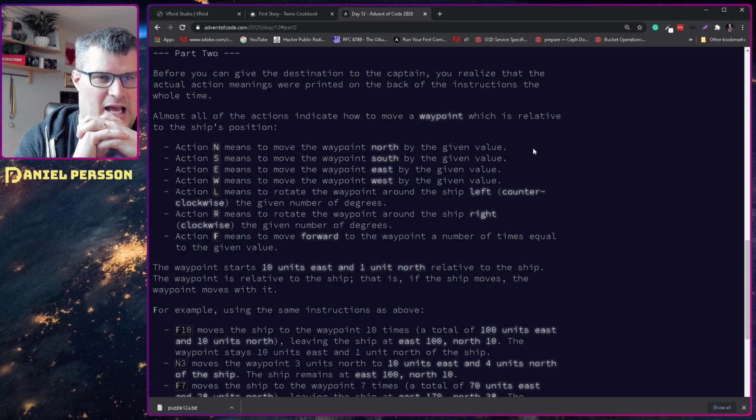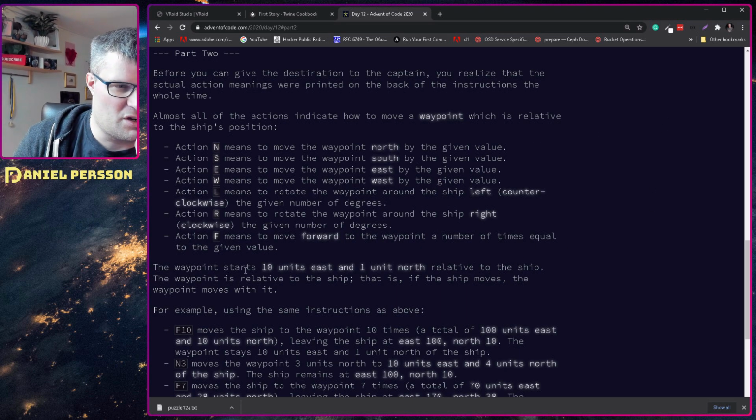Action N moves the waypoint north by a given value, south by a given value, east by a given value, west by a given value. L means to rotate the waypoint around the ship left counterclockwise, and R means to rotate the waypoint right clockwise, and F means to move forward to the waypoint a number of times equal to the given value.